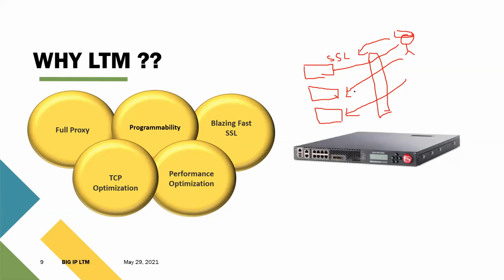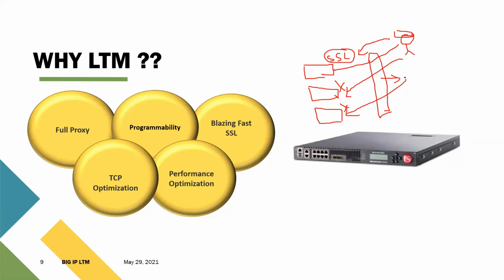Instead of this, the user is talking to different servers, now he can talk to one single web. And I choose that I don't want to do SSL offloading on these servers. I will shift this SSL offloading from the server to this LTM.